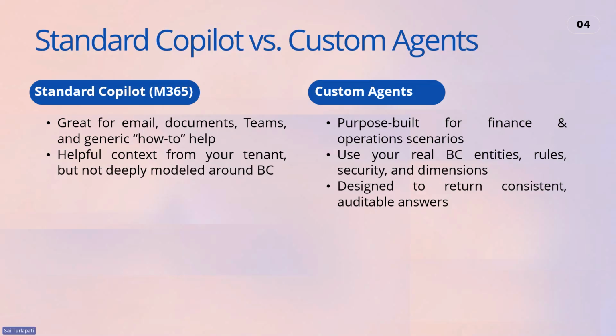Let's review the difference between standard Copilot and a custom agent. On the slide, you can see standard Copilot is the built-in Copilot, pre-built by Microsoft and given to us. We just get the product license and use it. Whereas with custom agents, we can develop the agent.